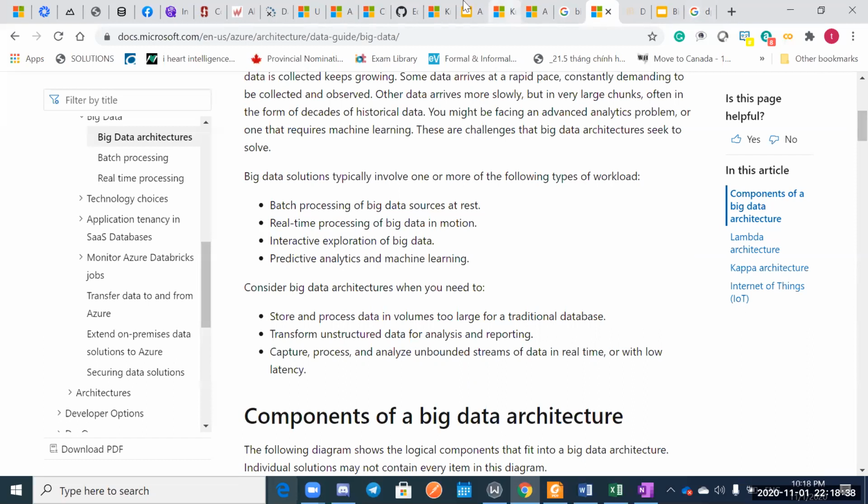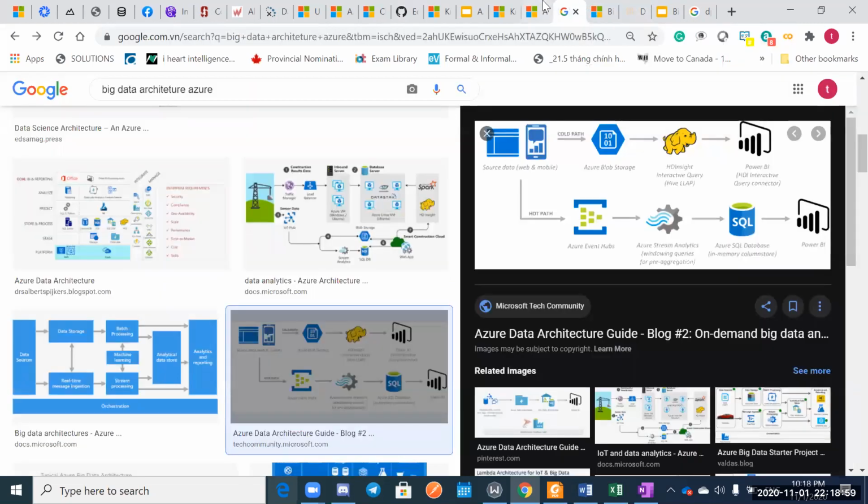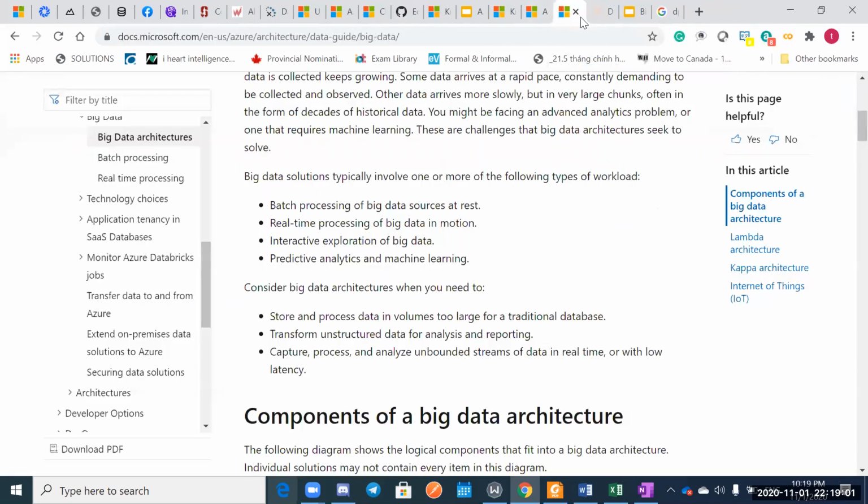But still pay attention to the foundation knowledge, because I can guarantee that 90% of what you have in foundation knowledge will be transferable to AWS, because I use both. Yes, they are all similar, maybe the naming is a little different, but the concept is still the same.